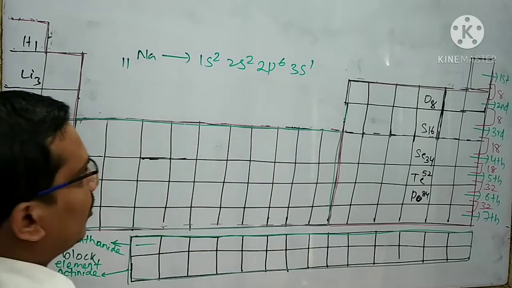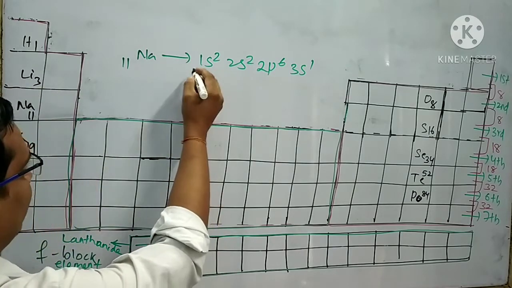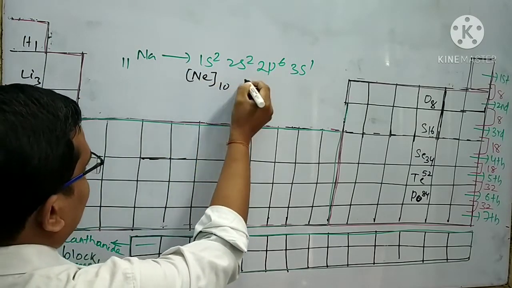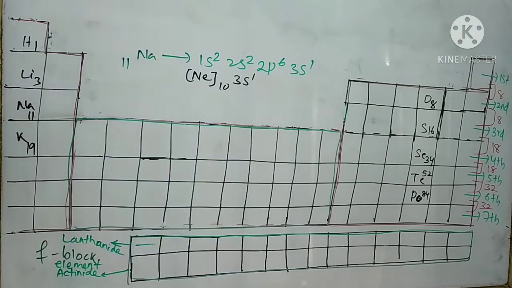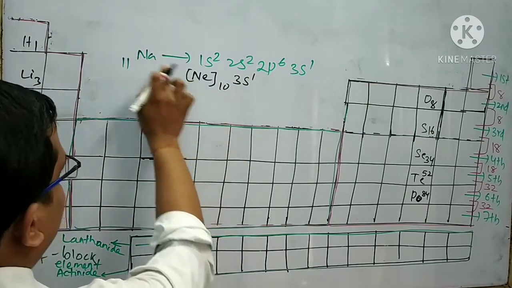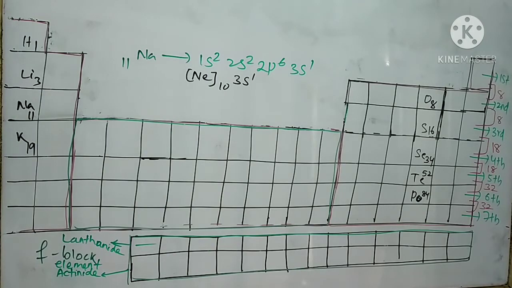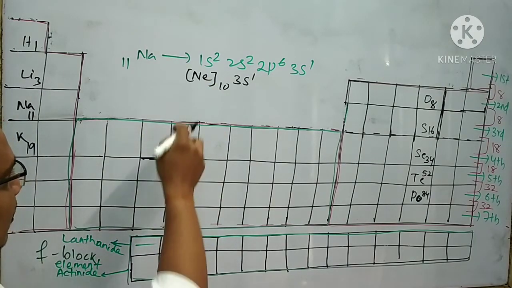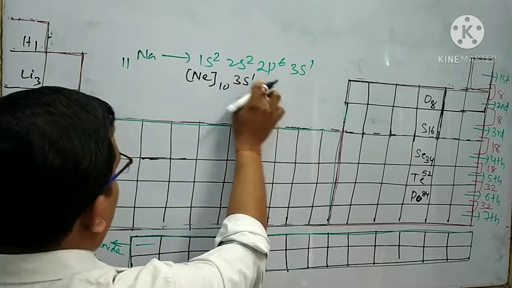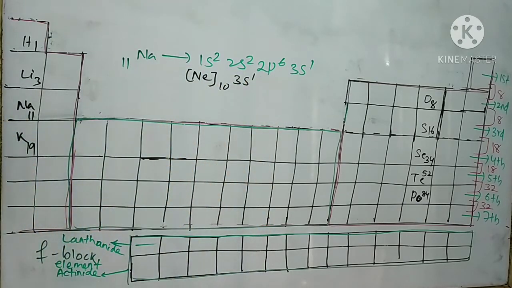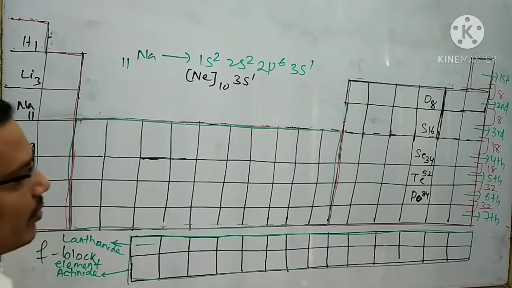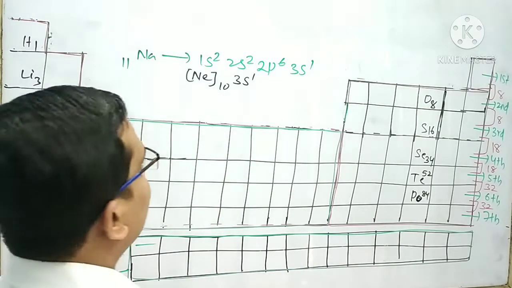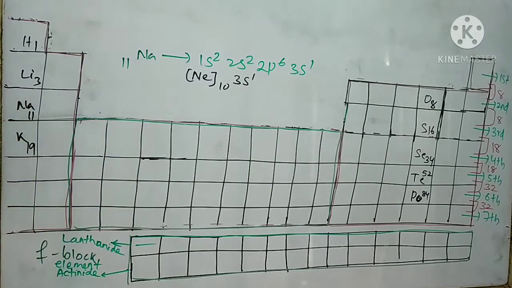You can also write the electronic configuration of sodium like this: neon 10, 3s1. Neon is the previous inert gas of sodium whose atomic number is 10. Look at that, 10 plus 1, that is 11. This is the other type of electronic configuration which can be written with the help of the previous inert gas element.